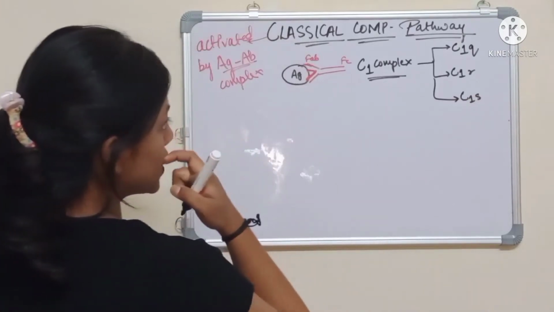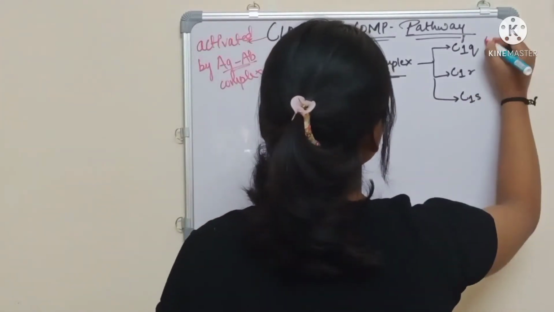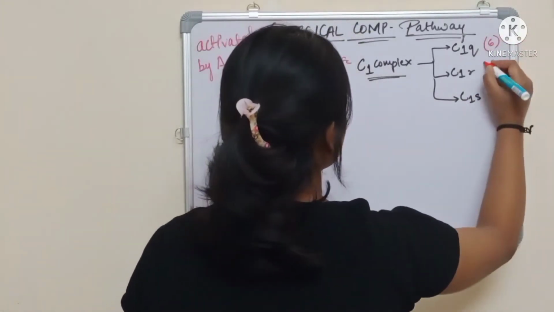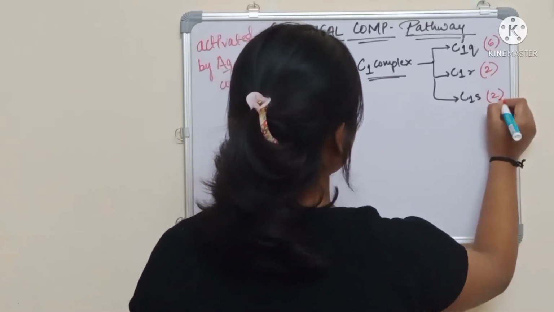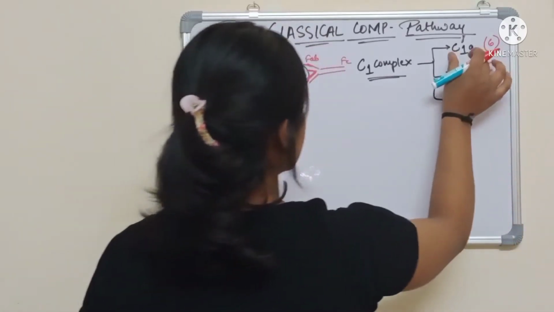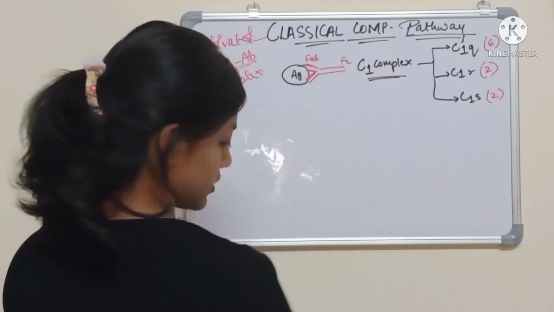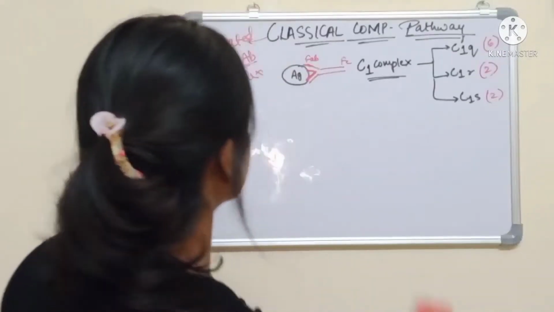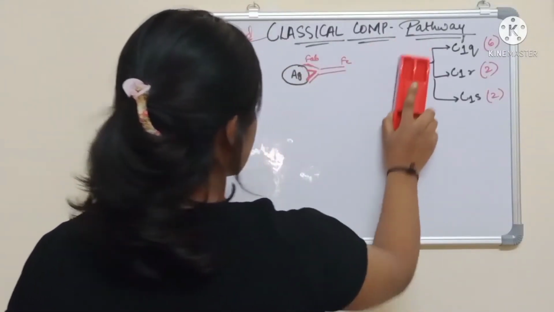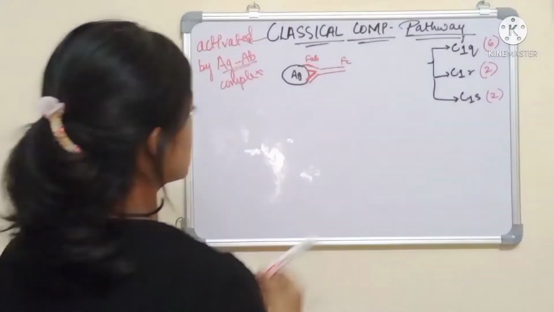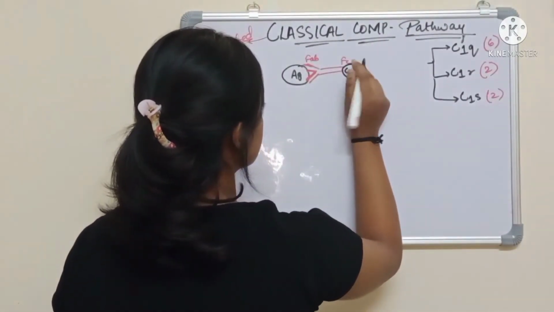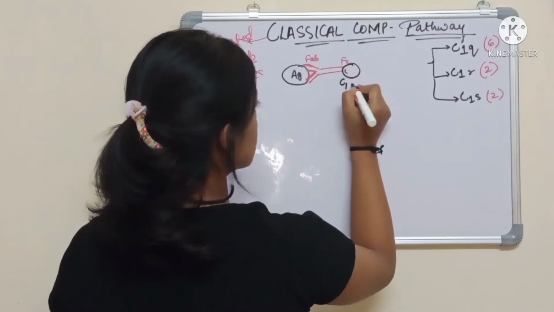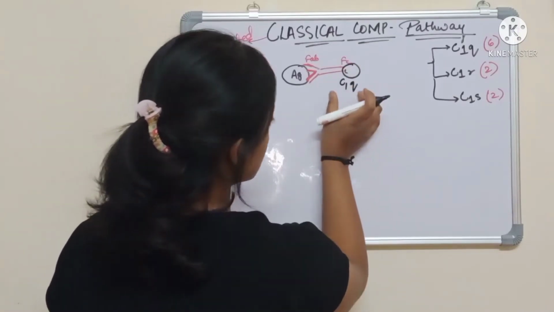C1q is 6 in number, C1r is 2 in number, and C1s is also 2 in number. So C1q will come and bind over here. This is C1q. It will come and bind over here.